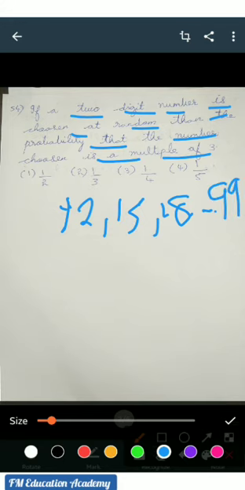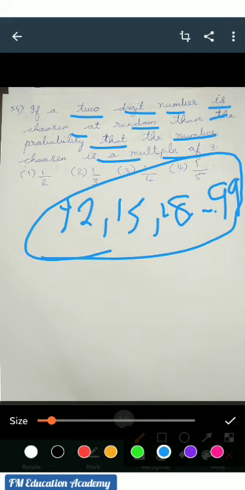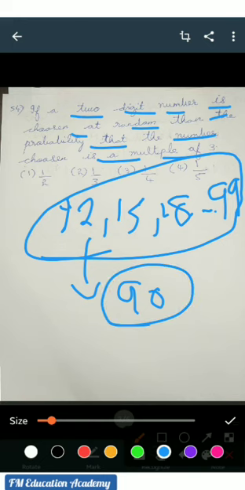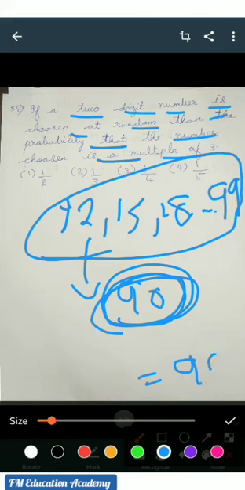So how many two-digit numbers do we have? We have 90 numbers. So total number of outcomes are 90, remember that.